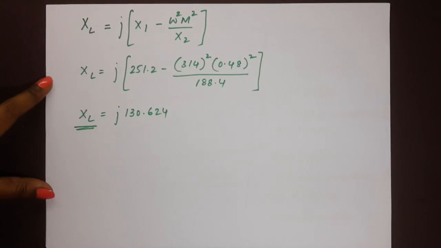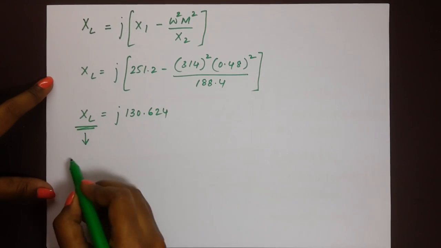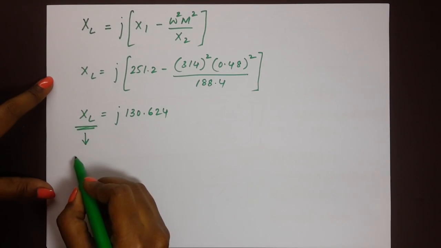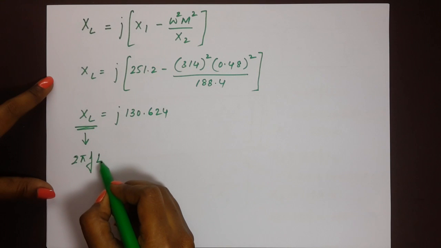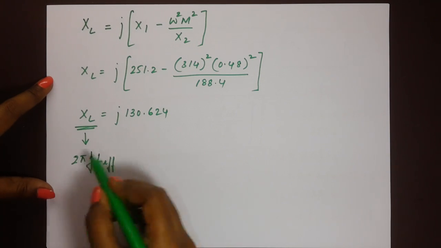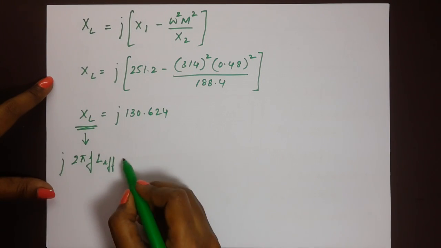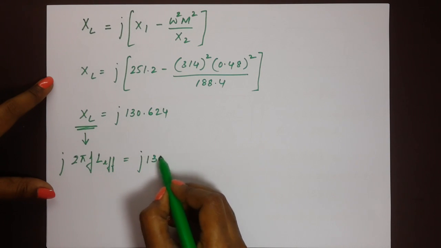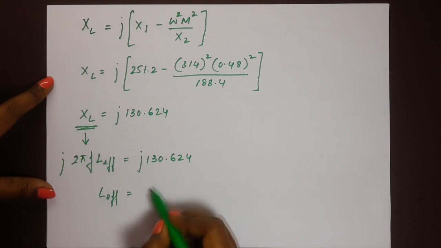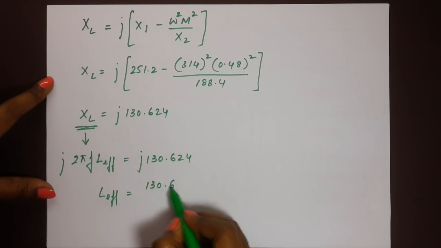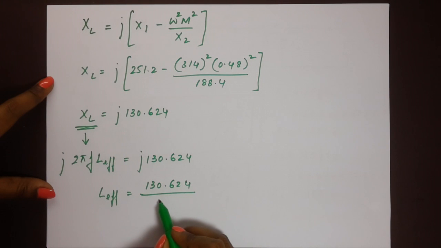Now XL, if we are to expand, we can write this as 2 pi f L effective, right, if we expand it. So that's j times 2 pi f L effective is equal to j130.624. We need the value of L effective, so this would be 130.624 divided by 2 pi f, which is omega, which is 314.